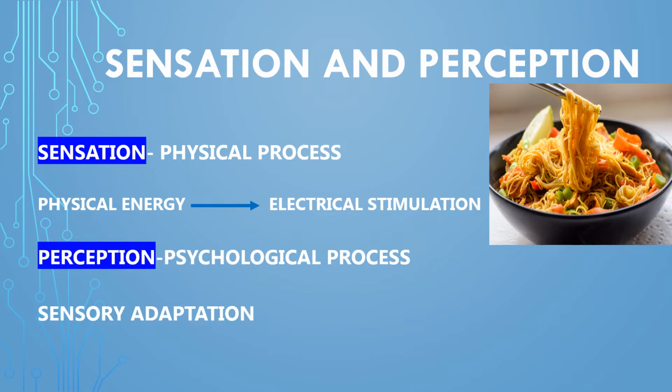So sensation is a physical process, and the stimuli we take in are converted into electrical stimuli, which are read by our brain and given some meaning. This psychological process is known as perception.